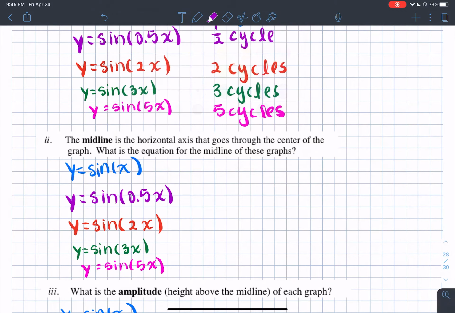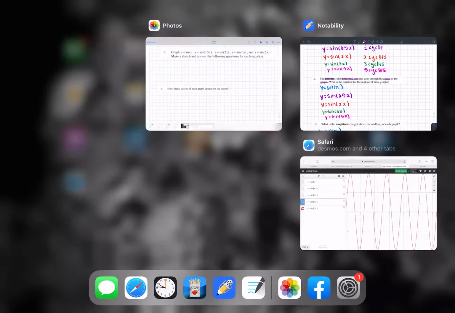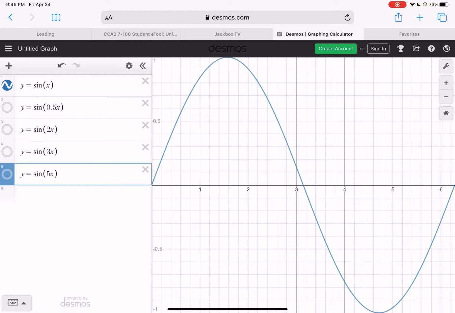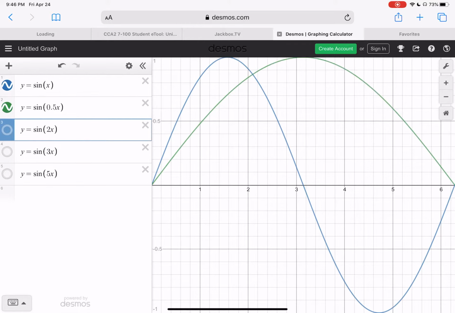The midline is the horizontal axis that goes through the center of the graph, right through the middle. So it goes from left to right. If you're looking at the graphs, what do you think the equation of the midline would be for each one of these graphs? Think about it now. Pause the video to think and write down your answers.